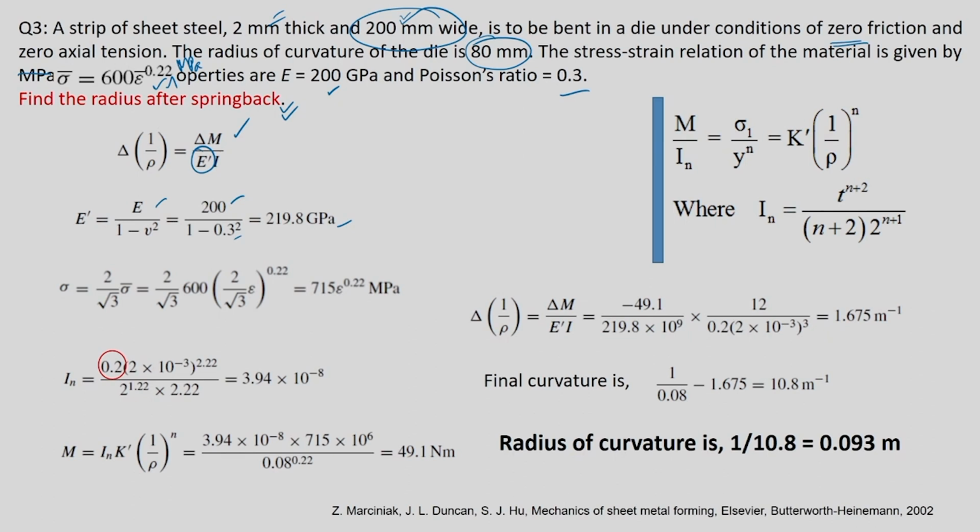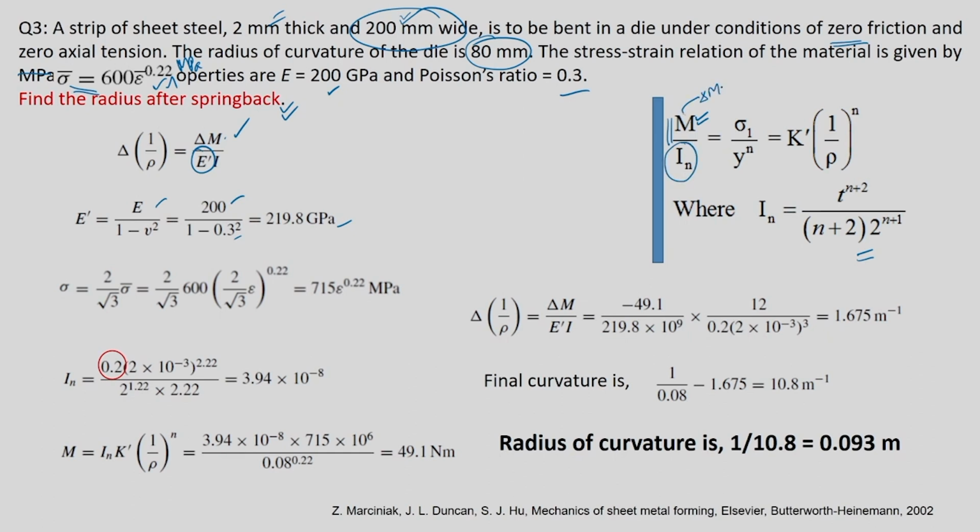Now, if we want to get del M, which is nothing but our M only, it is given by this equation, M by I_n is equal to sigma 1 by y power n is equal to k dash 1 by rho power n. Why are we taking this? Because the material is given, sigma bar is 600 epsilon bar power 0.22, which is a strain hardening material. So, that is why we are using this equation and I_n is given like this. If you want to use this equation, you will see that I_n has to be calculated to get delta M.